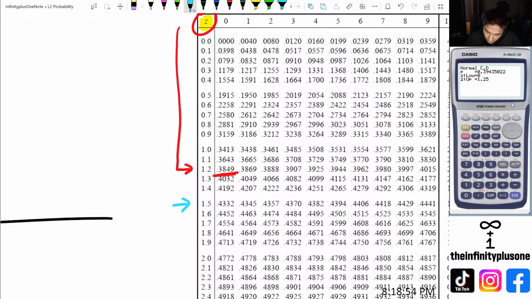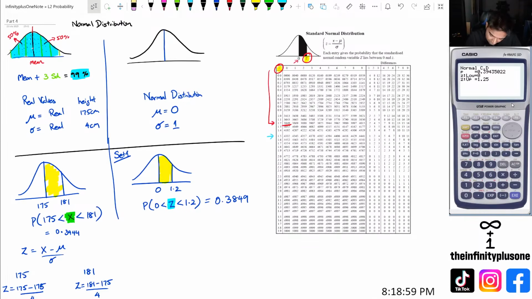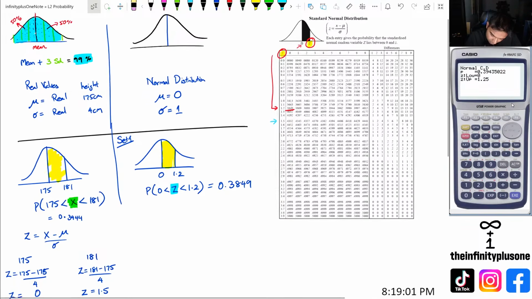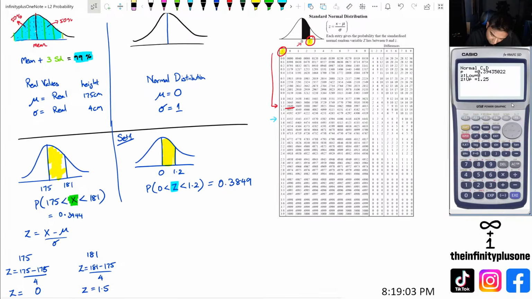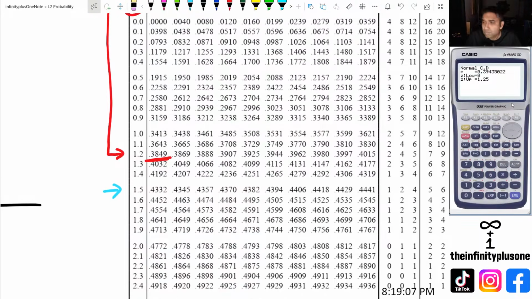So 1.5 happens to be right there. Now, what have I made a mistake with? Why am I not getting that answer? Did I type something wrong here? Oh, there it goes. There's my mistake.